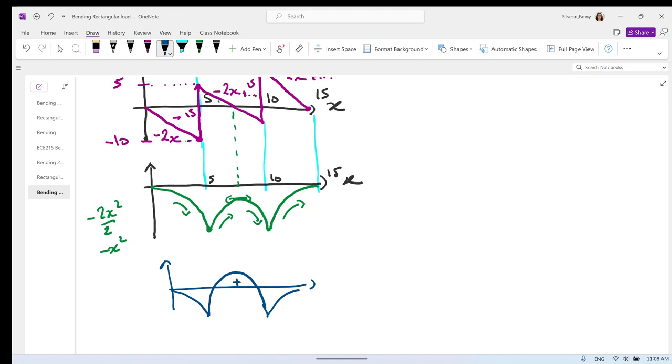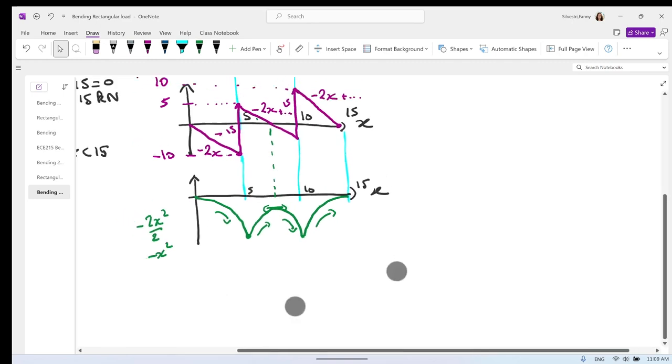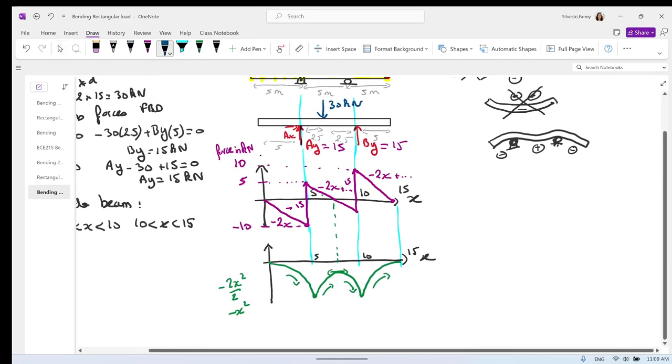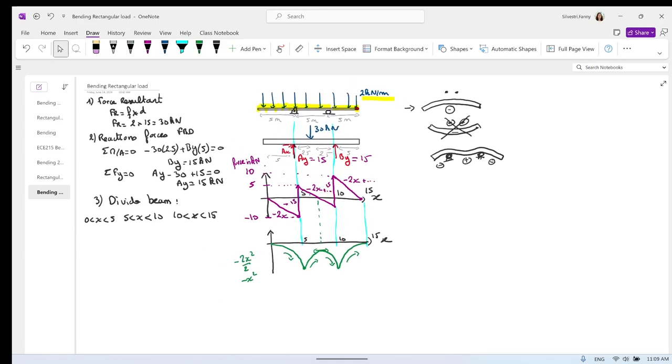I put a few scenarios where changing the forces and the location of the connections will change whether the bending gets negative or positive. I will remove this one so we don't get confused at the end, but that's the graph I expect. Now, let's see if we get equations that make sense with that.